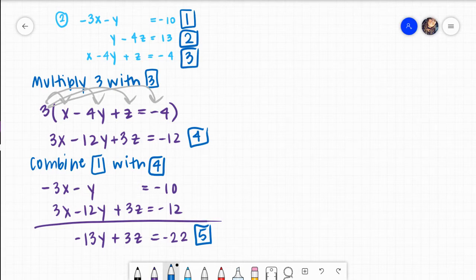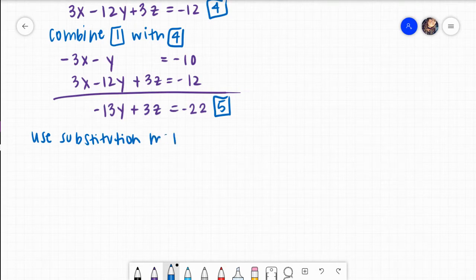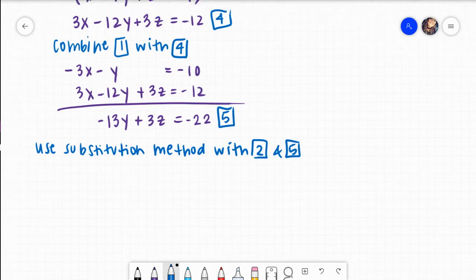So let's go ahead and do that. That was equation 2 and equation 5. So we're going to use the substitution method with equation 2 and equation 5.